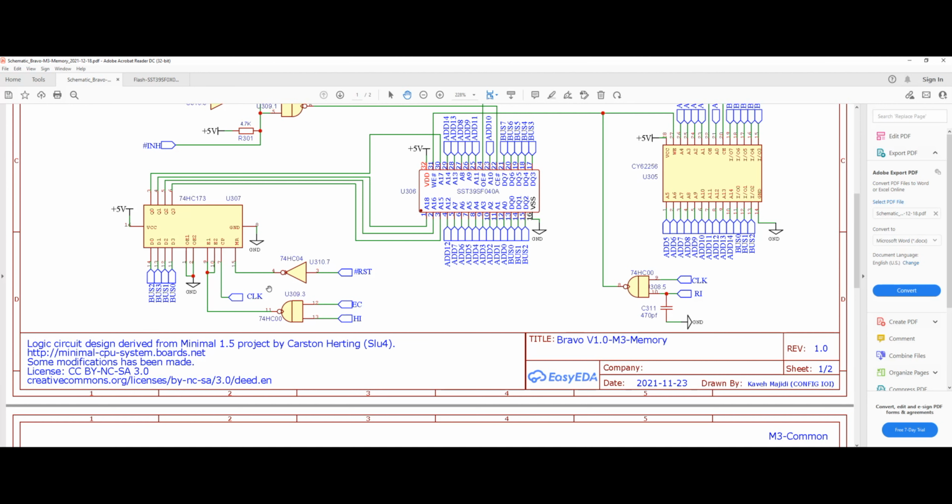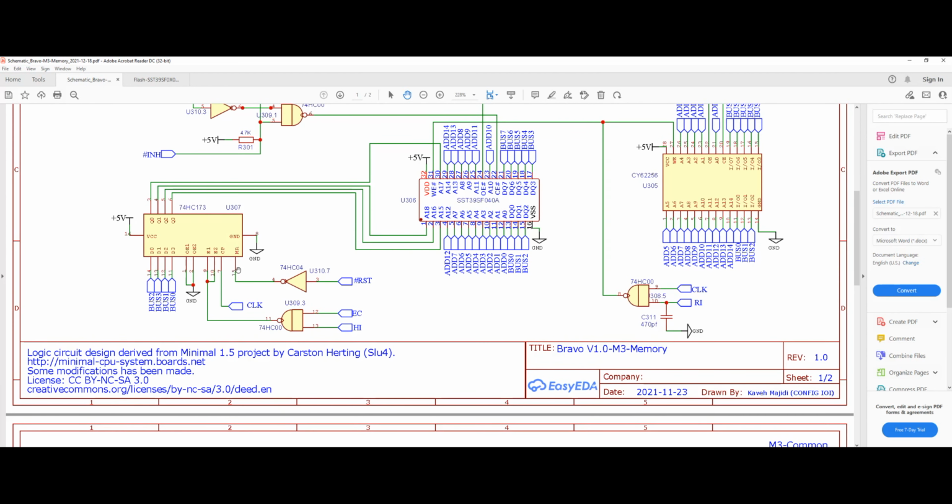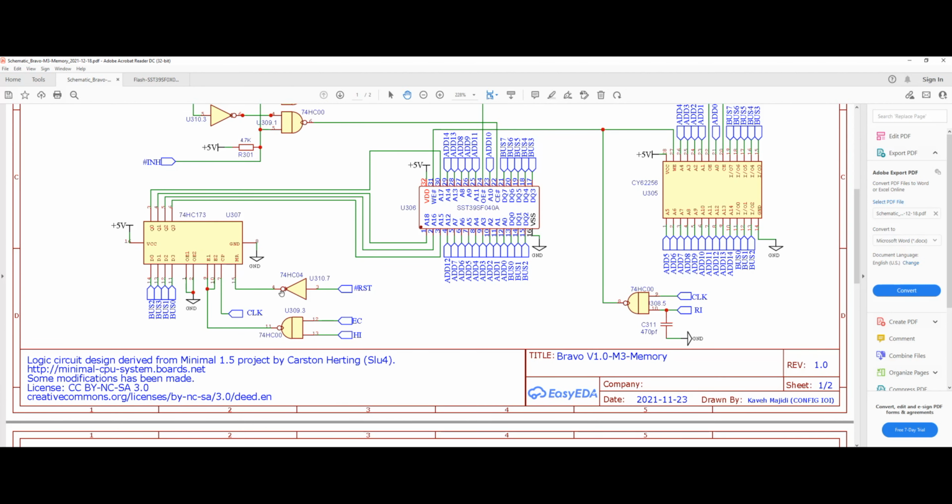So this is simple. And finally, we have a master reset pin here, and in this specific chip the master reset is an active high signal, and that's why you see that we have an inverter that takes the main reset line from our computer and inverts it before it goes to the chip. The main reset signal in our computer is an active low signal.